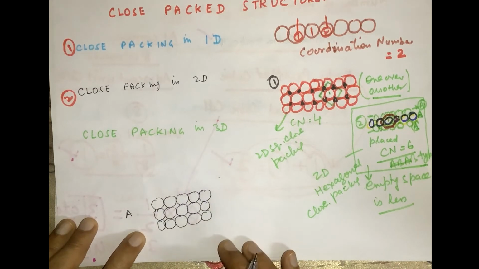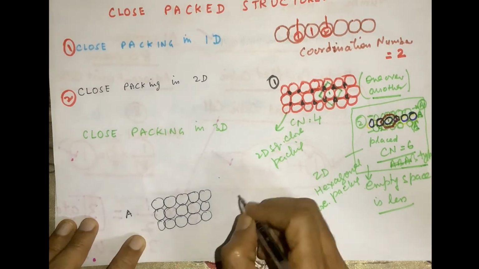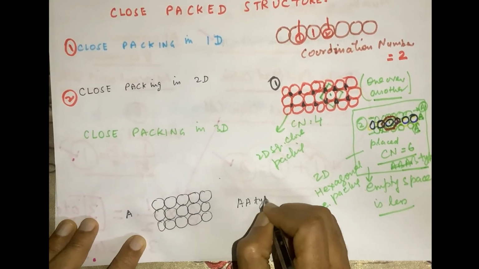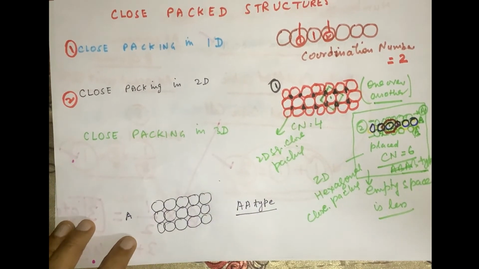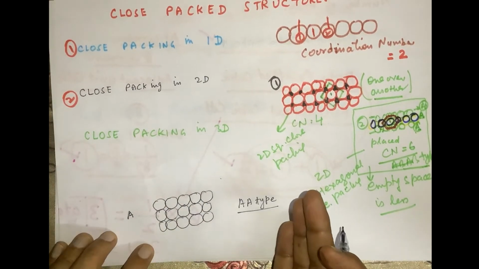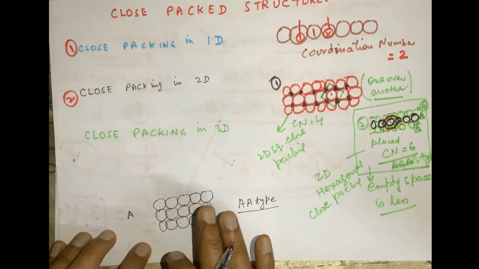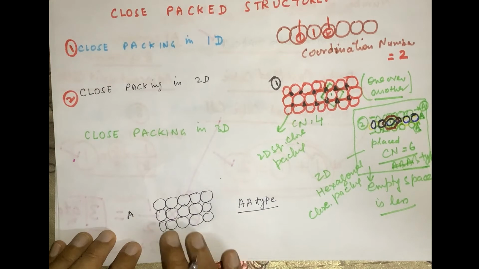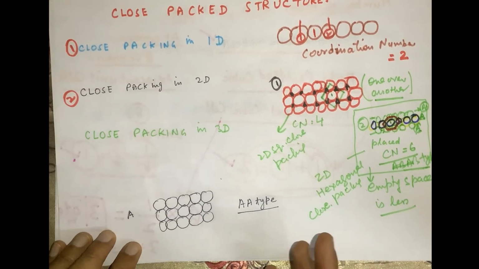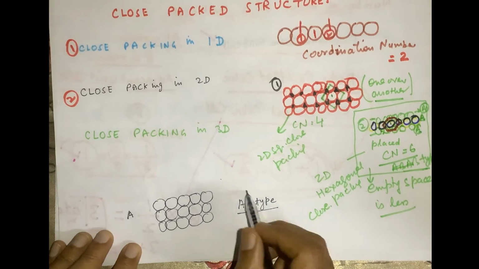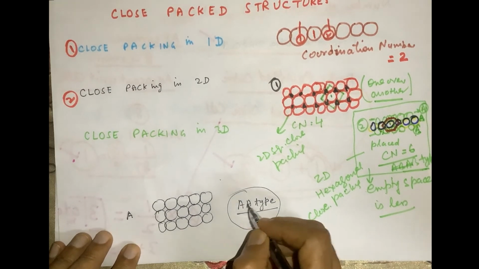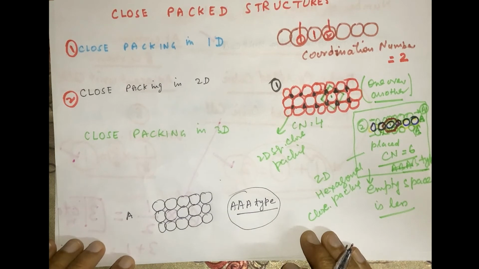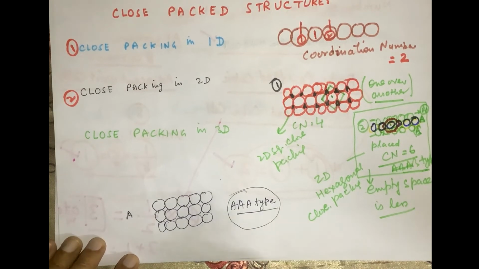Then what will happen? We will get AA type structure. This is A layer, and we place the second layer on the layer A as the particles aligning with these particles in A layer. So that will also be A type structure. So we get AA type structure, AAA type structure. The lattice which is generated is simple cubic lattice, and its unit cell is the primitive cubic unit cell.